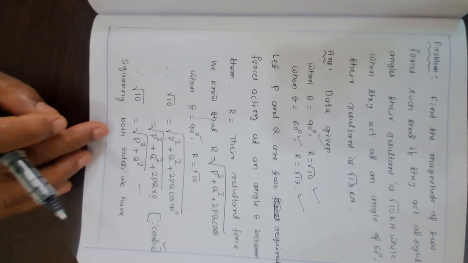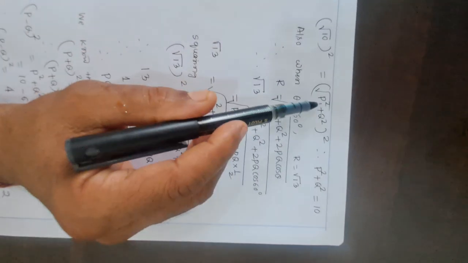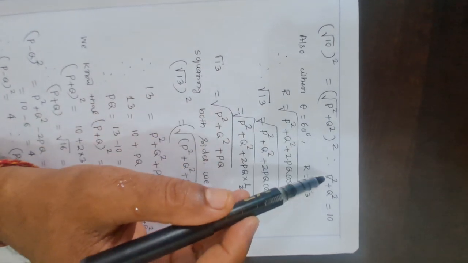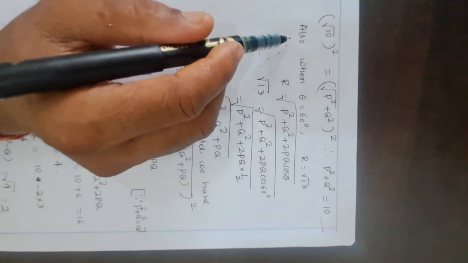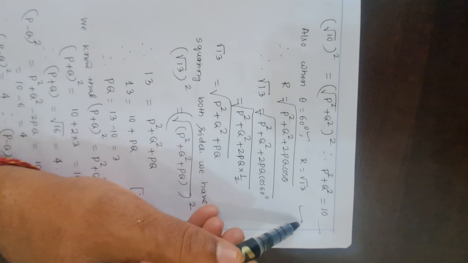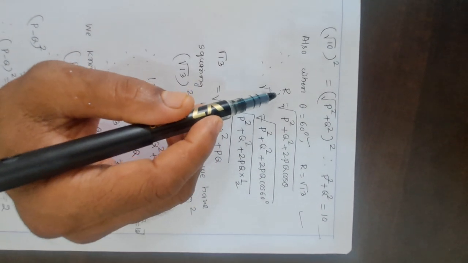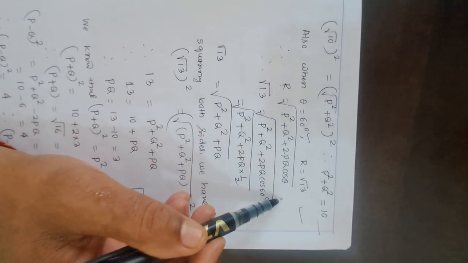Now, squaring both sides, we have root over 10 whole square is equal to P square plus Q square, which is equal to 10. Or when theta is equal to 60 degree, R is equal to root over 13. You know that R is equal to root over P square plus Q square plus 2PQ cos theta.